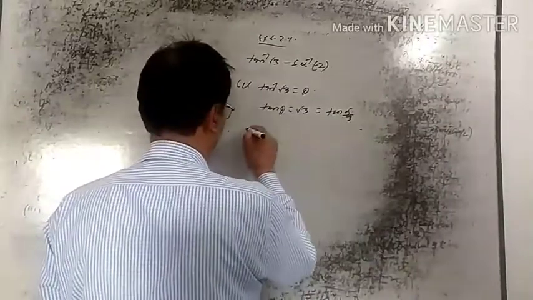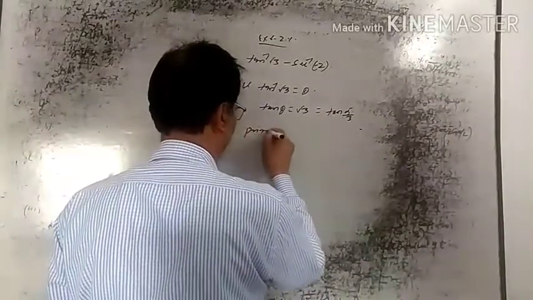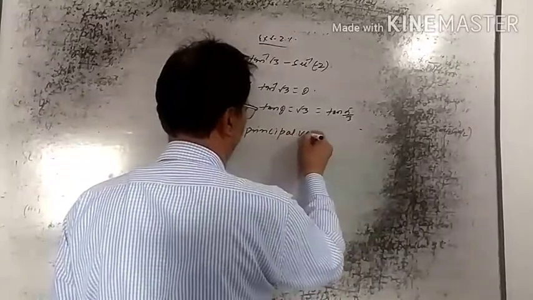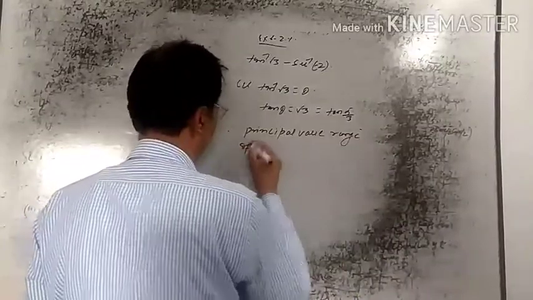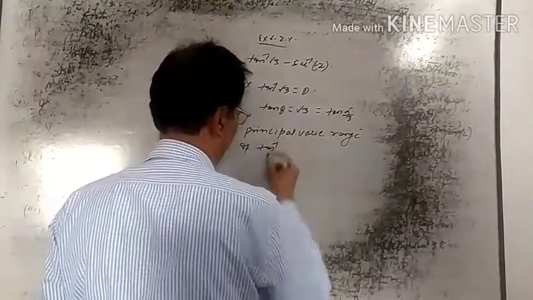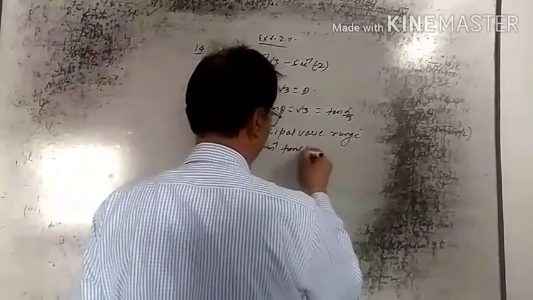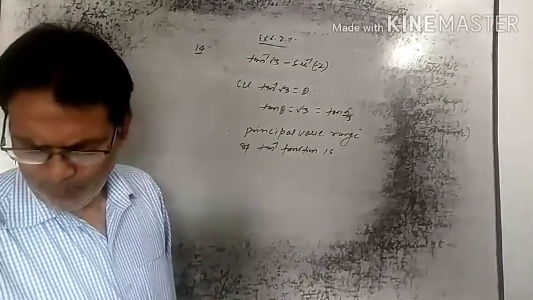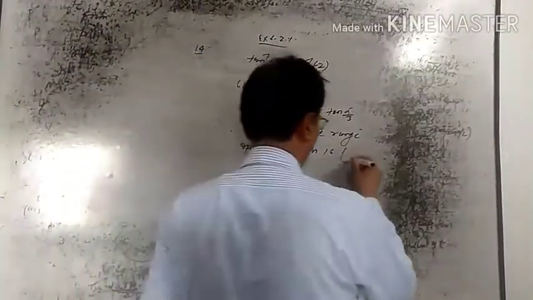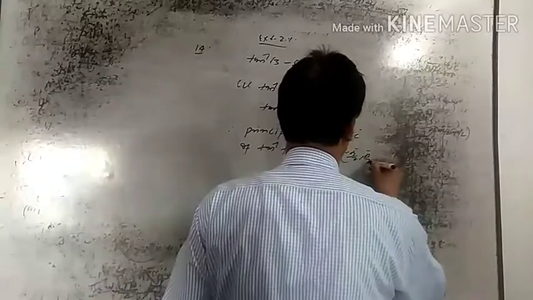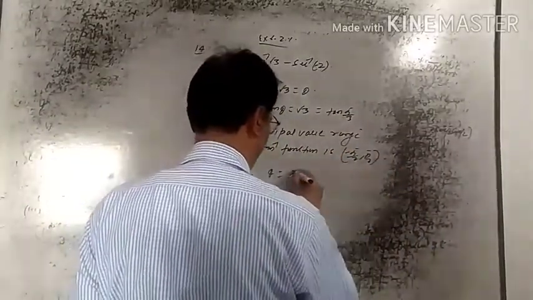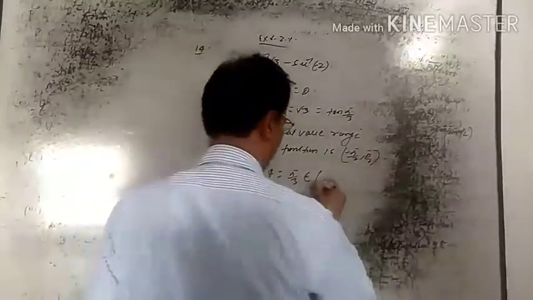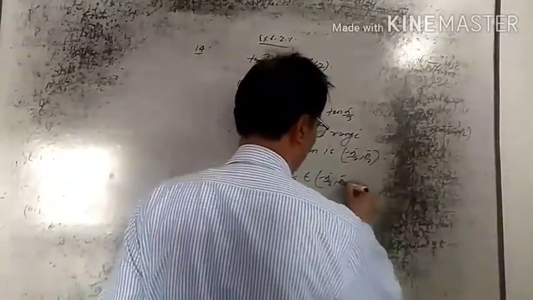Since the principal value range of the tan inverse function is the open interval minus pi by 2 to pi by 2, therefore theta is equal to pi by 3, which belongs to the open interval minus pi by 2 to pi by 2.